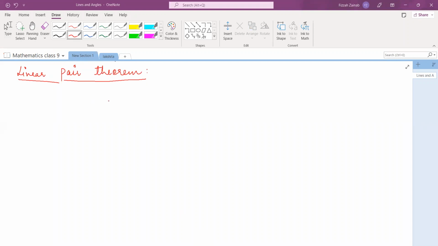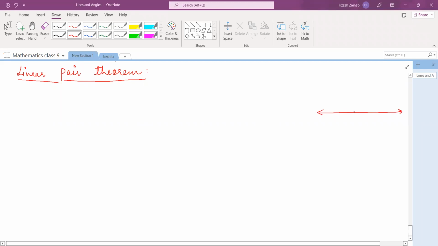Linear pair theorem. Now pay attention, all of you. You already know this thing, but it's a theorem, so we have to write it. If you have a line, and then a ray is standing on it.